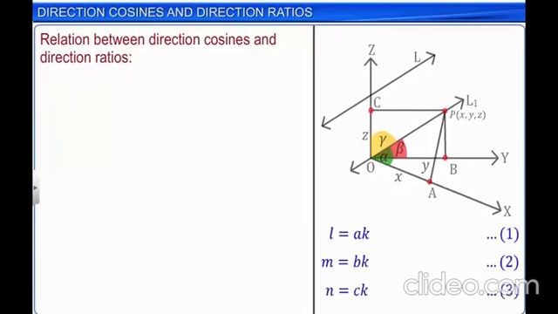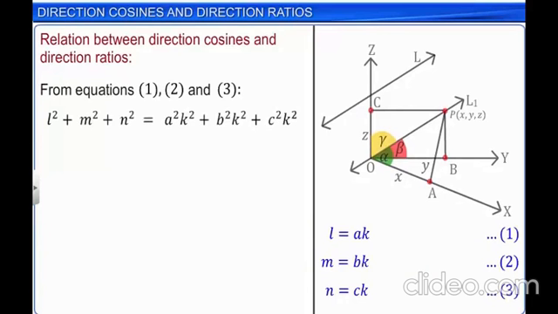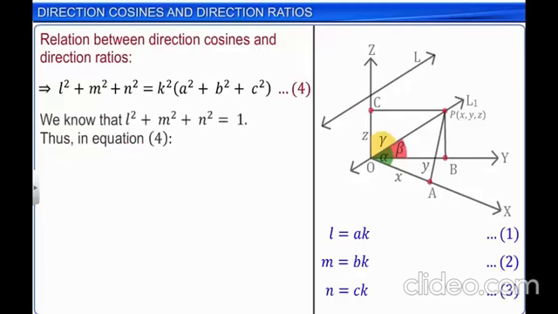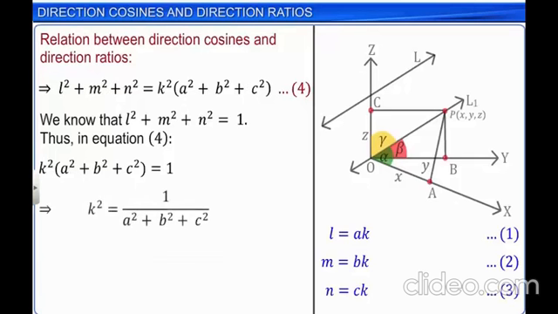Squaring and adding the values of the direction cosines of the line from equations 1, 2, and 3, and simplifying, we get equation 4. We already know that the sum of the squares of the direction cosines of a line is equal to 1.